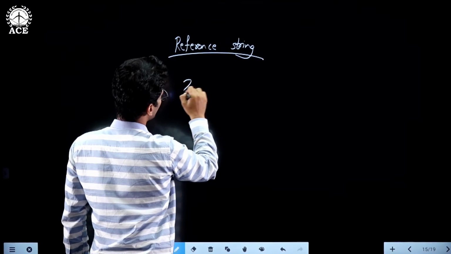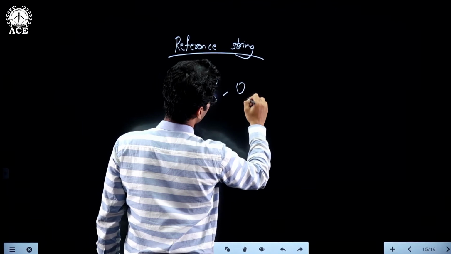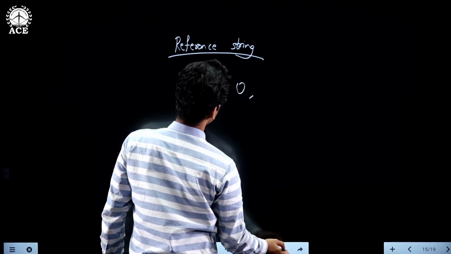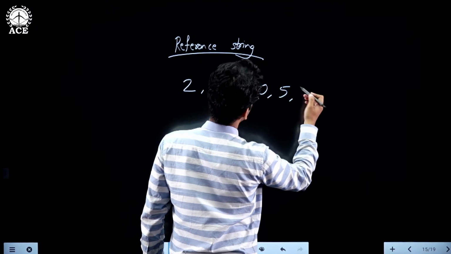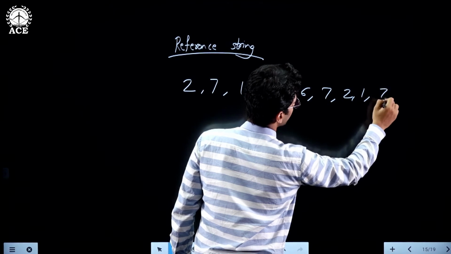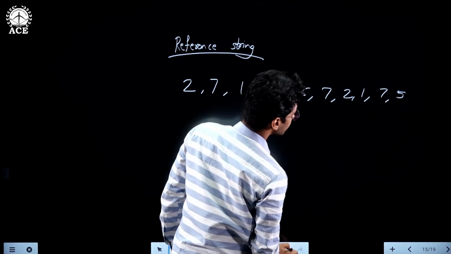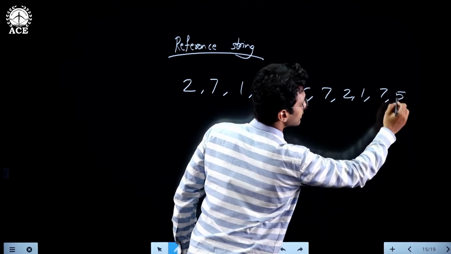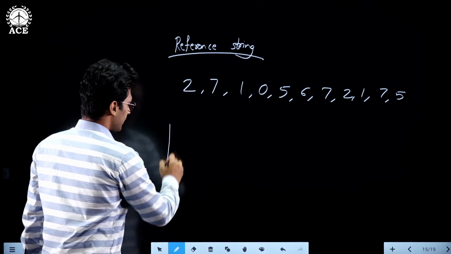Let's say the reference string is 2, 7, 1, 0, 5, 6, 7, 2, 1, 7, 5, something like this. This is the reference string. If you use FIFO, what will happen?